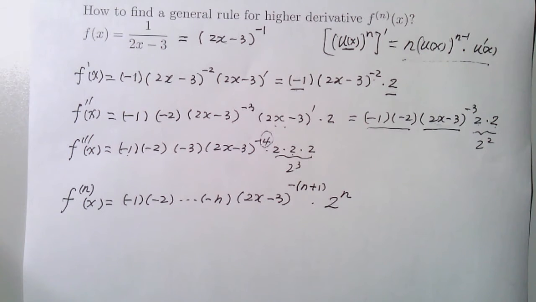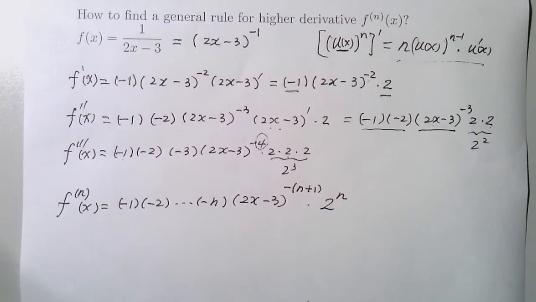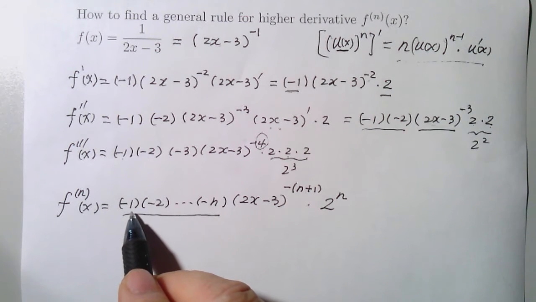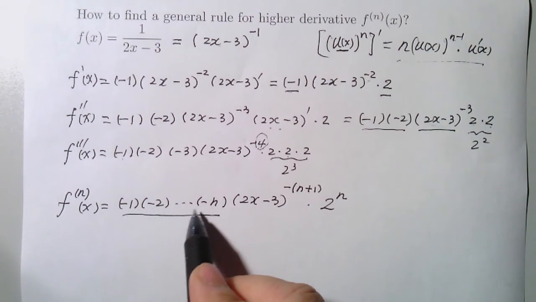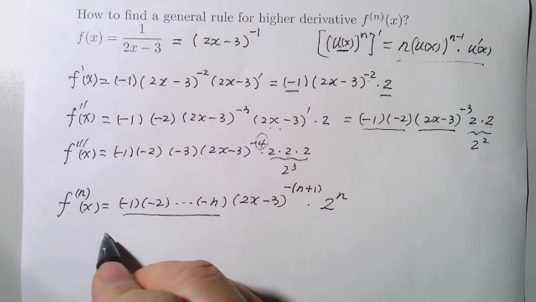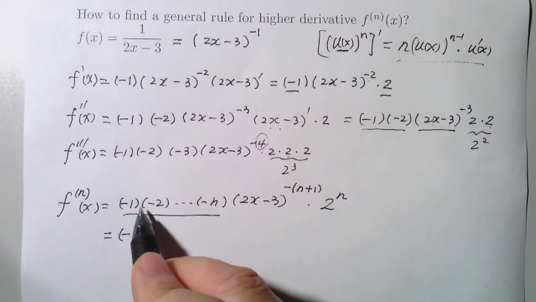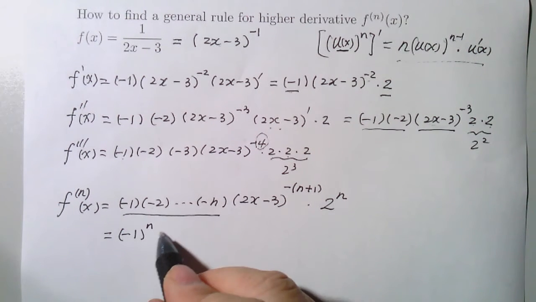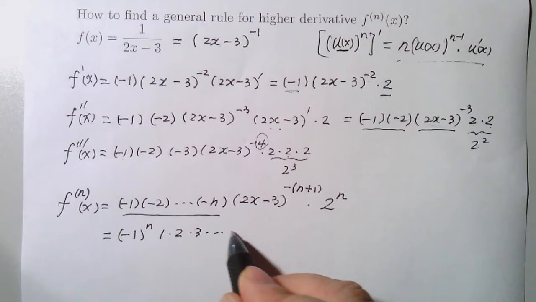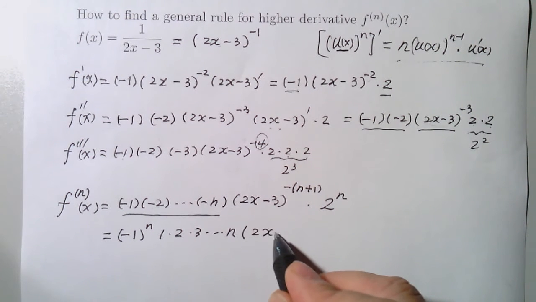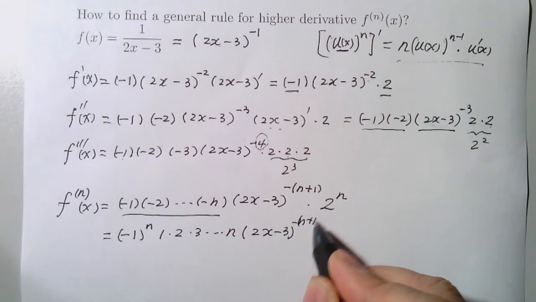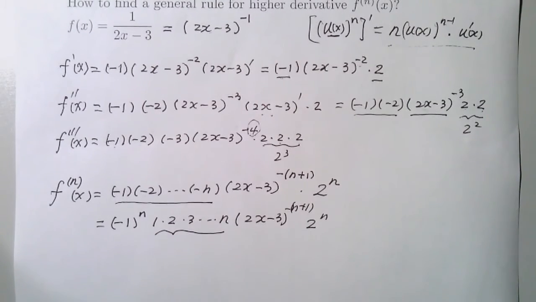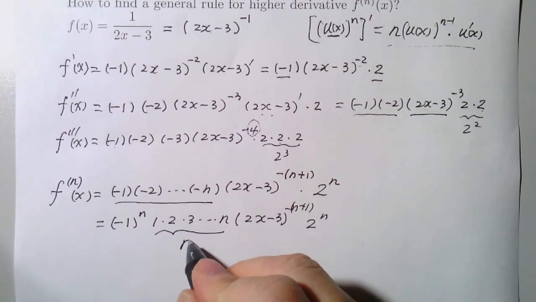But if you want to make the general rule look a little nicer, you can rewrite it. Each of the factors contains -1, so you can write -1, n many times. After you put all the -1 together, you only have 1, 2, 3, all the way to n, and you can rewrite this as n factorial.